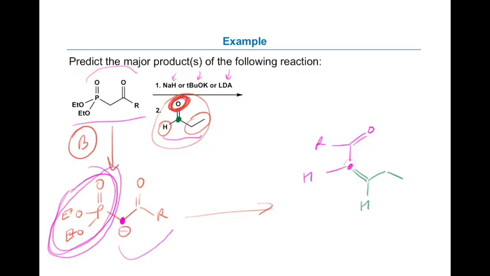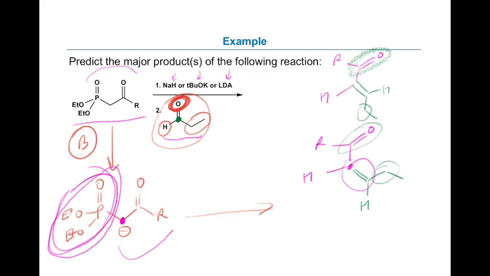The other geometry about this double bond that might be possible would be double bond hydrogen and carbonyl R H. So all I'm trying to emphasize is we have our carbonyl here trans to the methyl group, and we have the carbonyl cis to the methyl group.